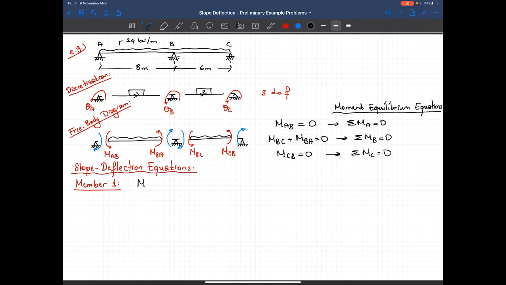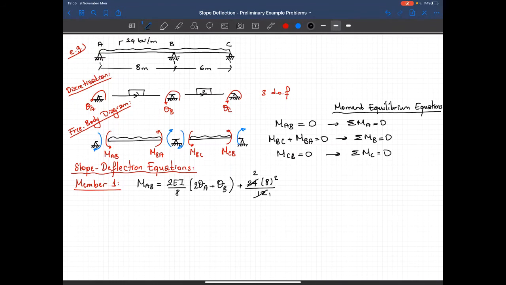So MAB is equal to 2EI over 8 times (2 theta A plus theta B). There's no chord rotation because there is no translational degrees of freedom, plus the fixed end moment, which is equal to 24 times 8 squared divided by 12.